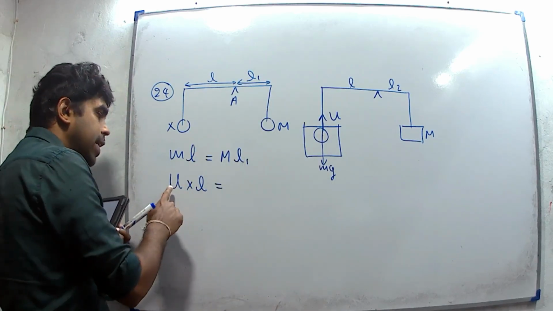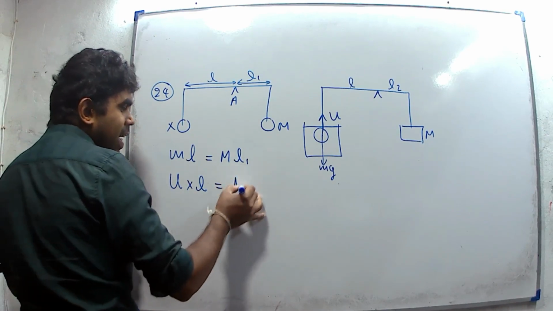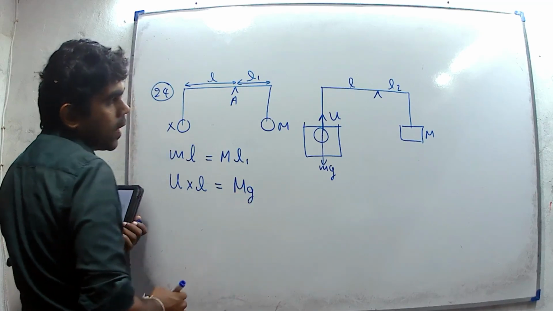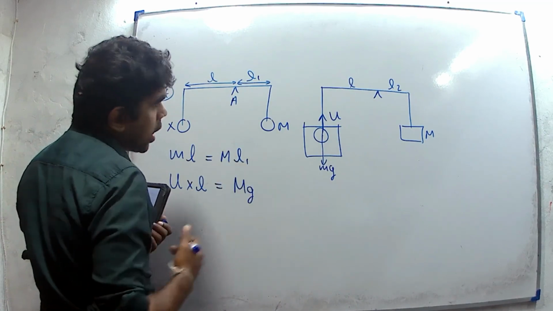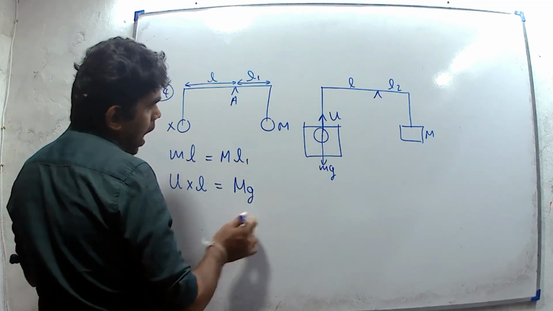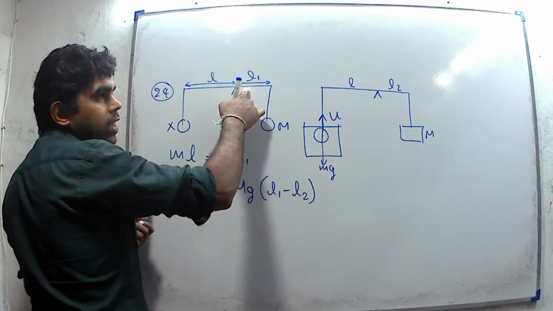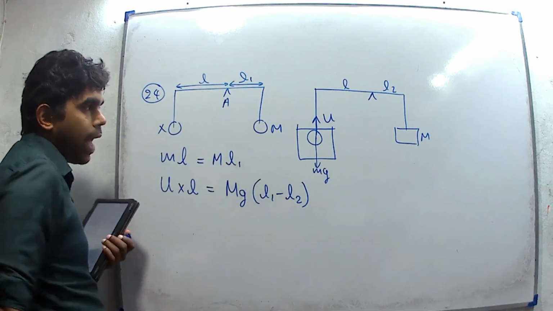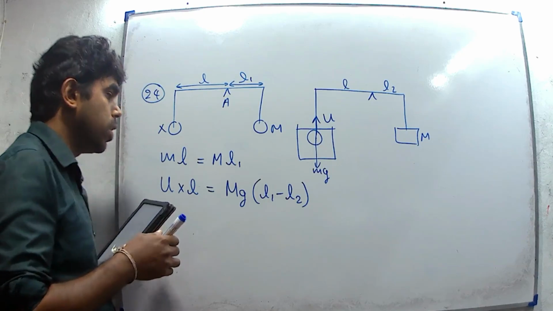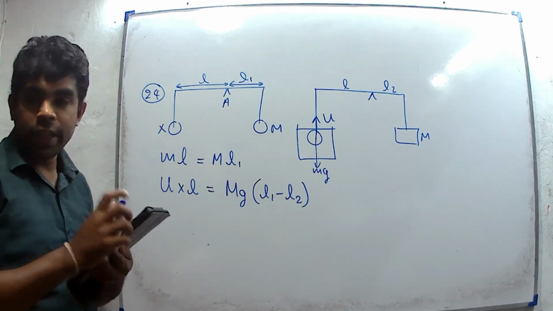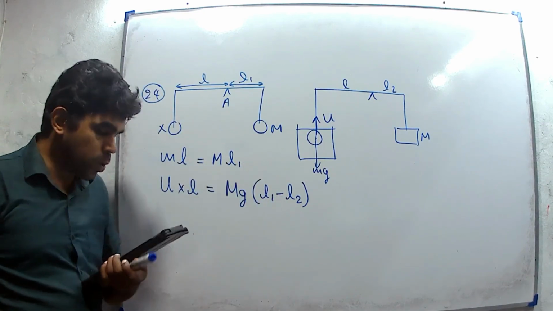Then we can get torque due to upthrust is U into L. It should be equal to the decrease of torque in the counterclockwise direction, mg times (L1 minus L2). mg times L1 is the initial torque and mg into L2 is the final torque. We have to subtract it to get the difference of torque. Difference of torque equals torque due to upthrust.